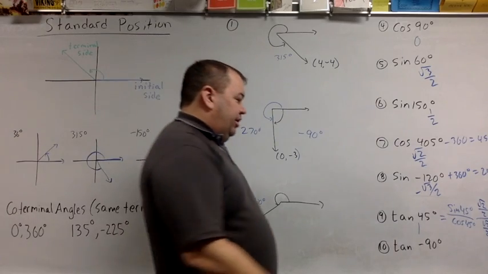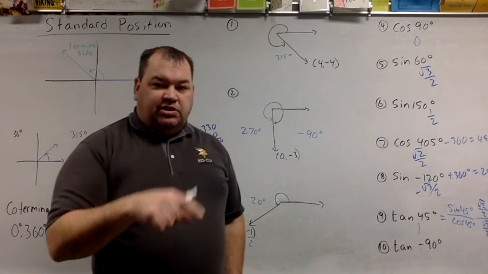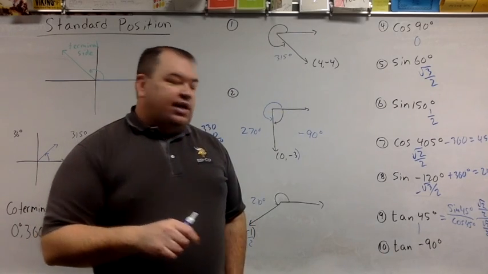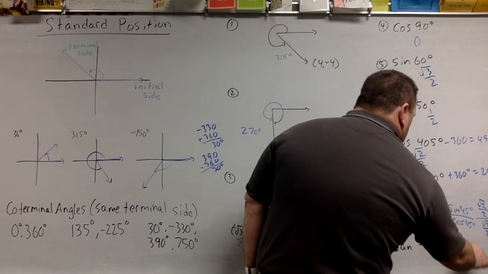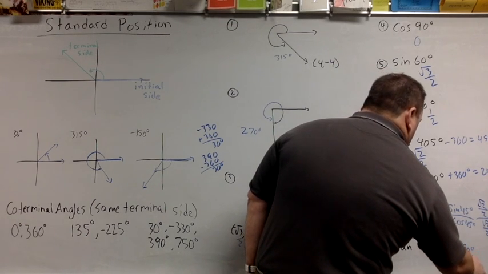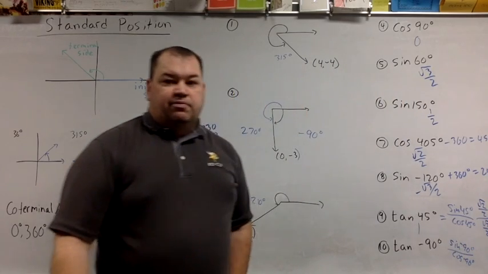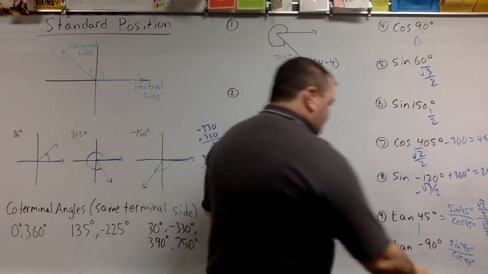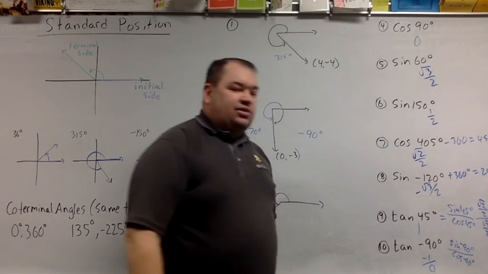There's an interesting one. If you go to negative 90 degrees, which is the same as 270 on your unit circle, and you look at the sine of negative 90 degrees and the cosine of negative 90 degrees, the sine is negative 1, but the cosine is 0.